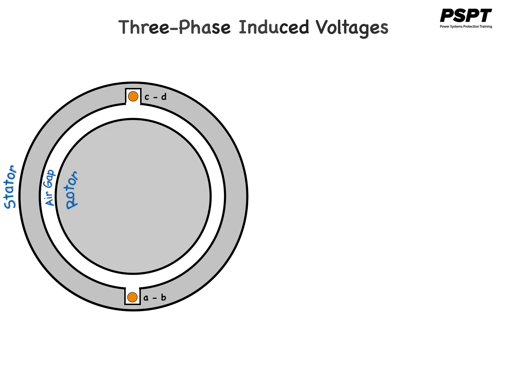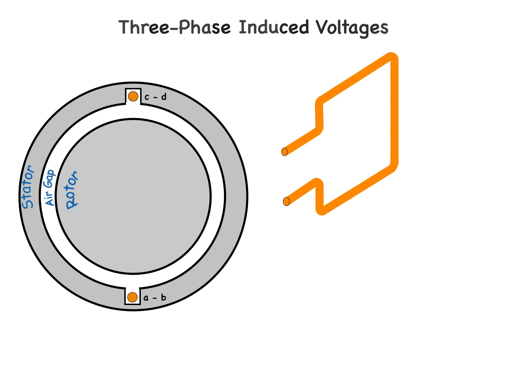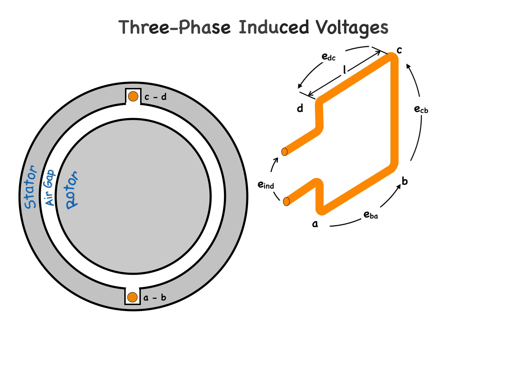To make the development easier, we will begin by looking at just one single-turn coil. Then we'll expand the results to a more general three-phase stator. I'm moving that coil off to the side so we can have a clear look at it and its dimensions.